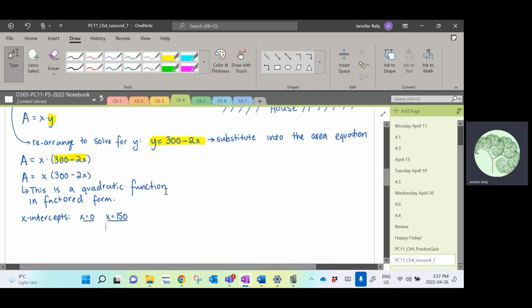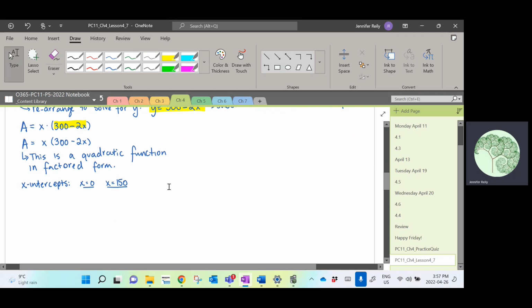So, we also know that this function is going to be a downward facing graph because when you expand it out, the x squared term is going to be negative. So I'll put downward facing graph.